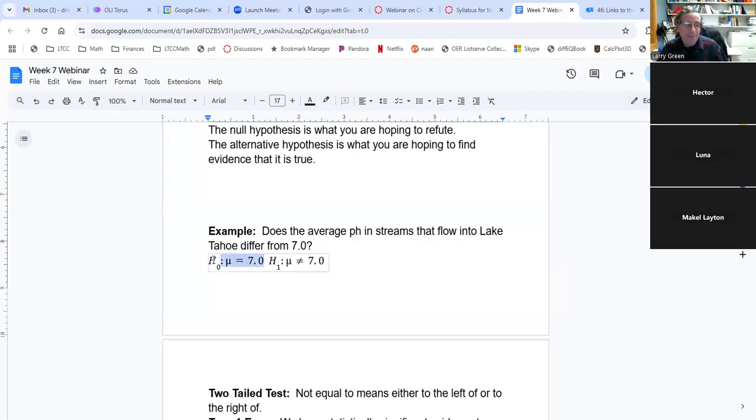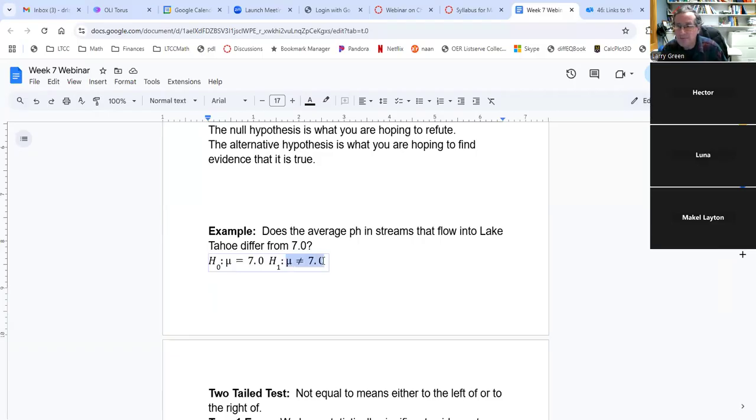And if the population mean, which we'll never know, we can only do a sample, if the population mean is 7, that's great. So the null hypothesis: the population mean is 7. But maybe it's not 7, and then it's not great, and we've got to do something about it. So our H1 is mu is not equal to 7.